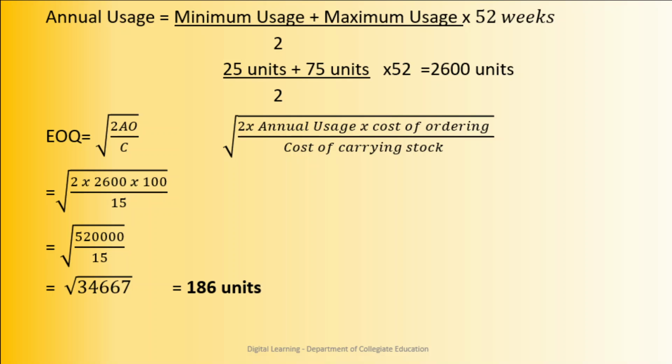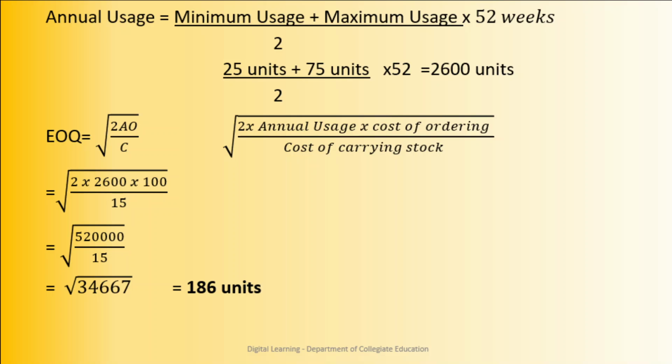Now let's substitute the values into the EOQ formula. EOQ is equal to square root of 2 into 2600 units into ordering cost rupees 100, divided by cost of carrying given per unit rupees 15.